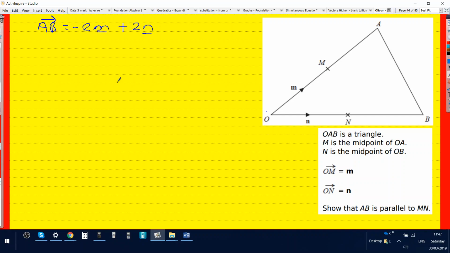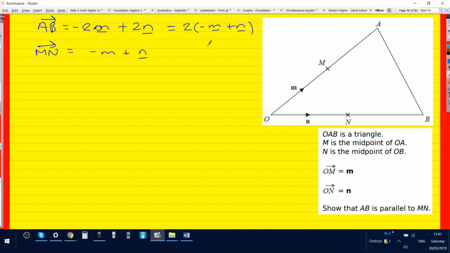Okay. And then you have to find MN, which is just minus m plus n. Mm-hmm. And then you can factorize the first one to make it minus 2 bracket minus m plus n.